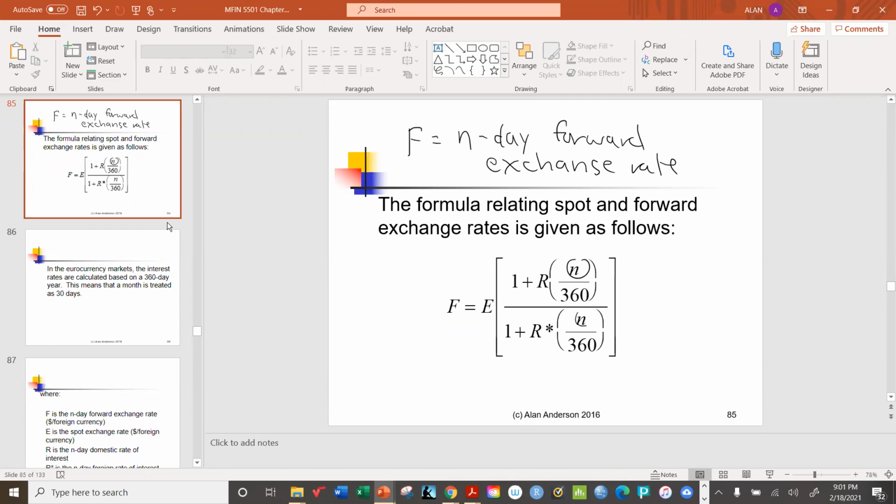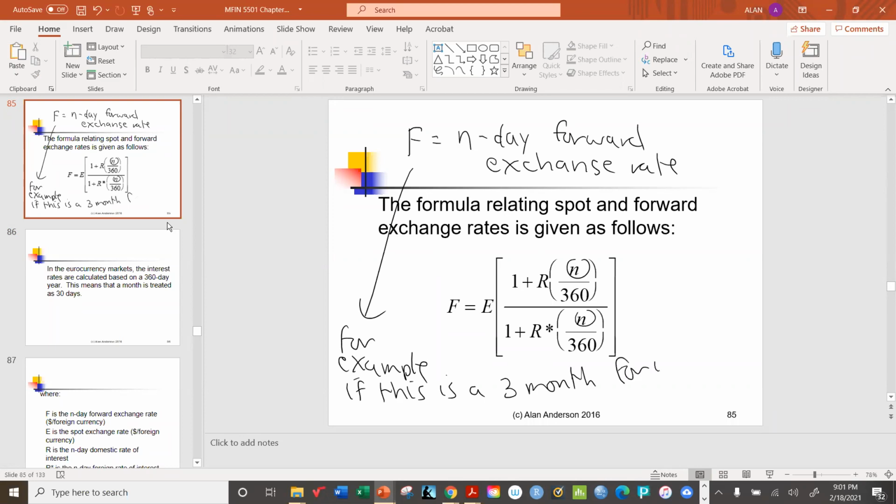N is right here. And this is why the day count conventions matter. For example, if this is a 3-month forward exchange rate, it is treated as 90 days out of a total of 360 days in the year.